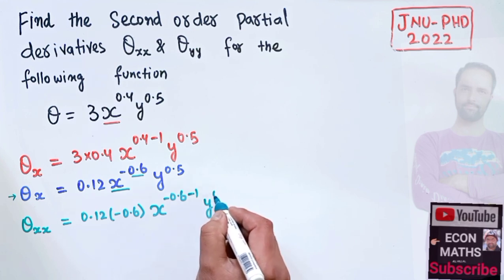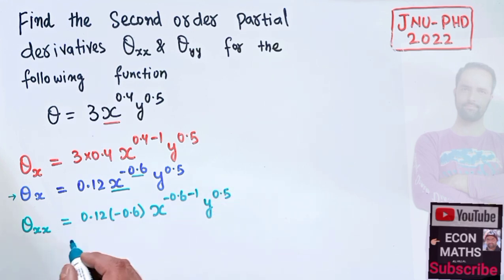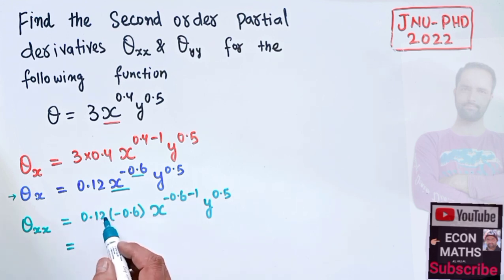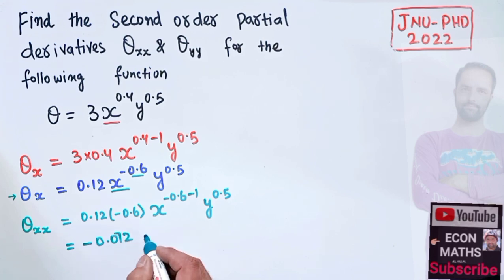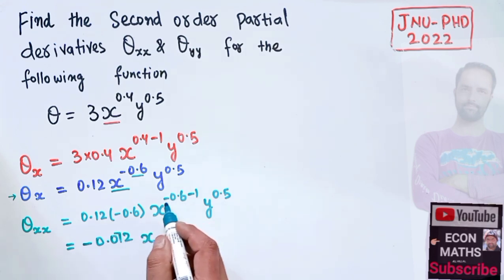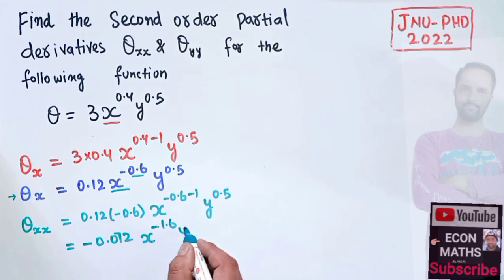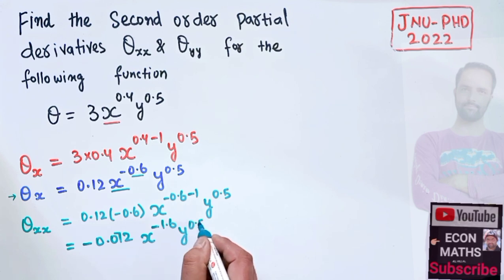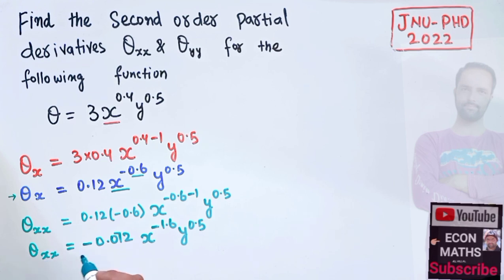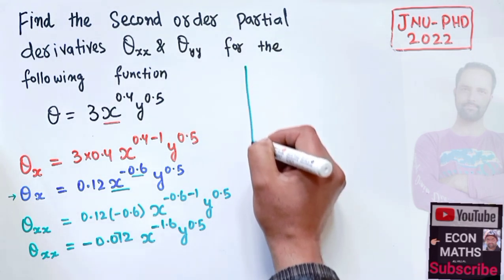Then we have y to the power 0.5. It will remain same because we are taking derivatives with respect to x. So 0.12 times 0.6, it will come out to be 0.72 x to the power, now minus 0.6 minus 1 comes out to be minus 1.6, y to the power 0.5. So this is our q subscript xx, that means second order partial derivative with respect to x.